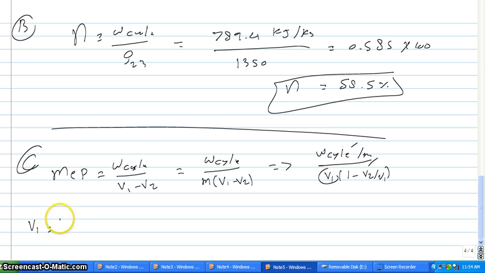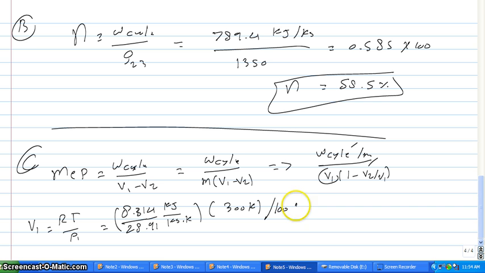So v1 is equal to RT over P1, and that will be 8.314 over 28.97 kilojoule per kilogram Kelvin, multiplied by 300 Kelvin, all divided by 100 kilopascal, and all multiplied by 10 to the power of 3 newton-meter per kilojoule.